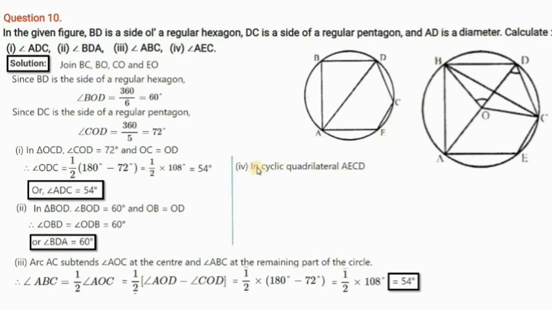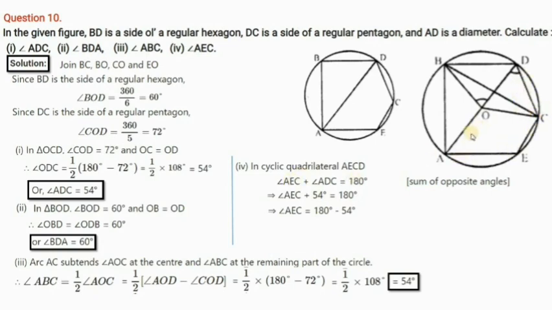Now this angle and this angle lie opposite to each other, so their sum is going to be 180 degrees.